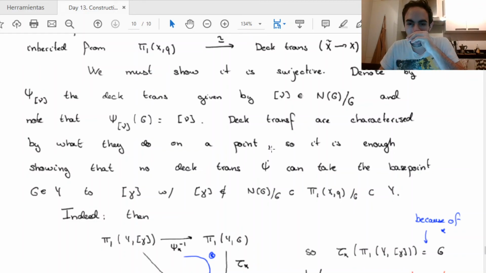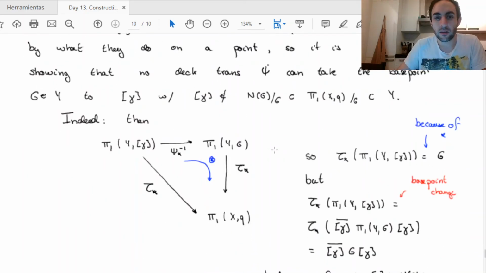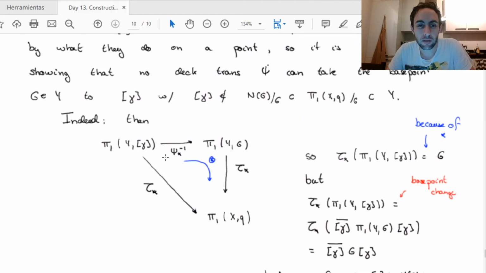So let's look at the following diagram. Let's suppose I have some deck transformation, let's call it psi, and I'm going to look at its action at the level of fundamental groups.